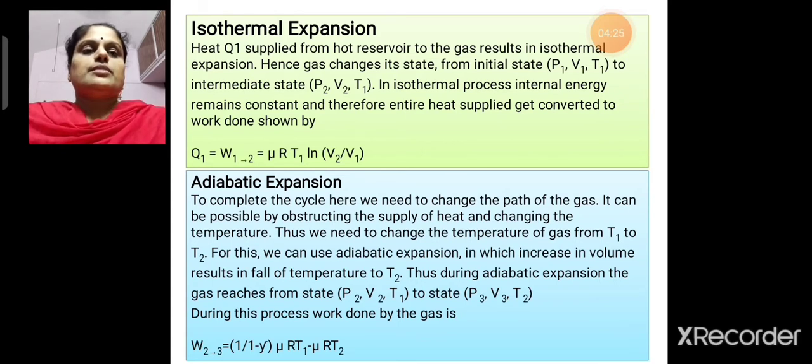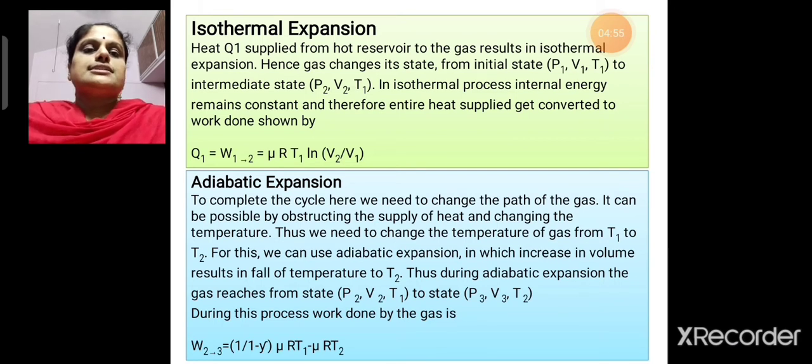In this isothermal process, internal energy remains constant, and therefore the heat supplied is converted into work. It is given by W1→2, which is equal to the heat absorbed Q1, which is equal to μRT1 log V2/V1, which is the equation for work done in an isothermal process.